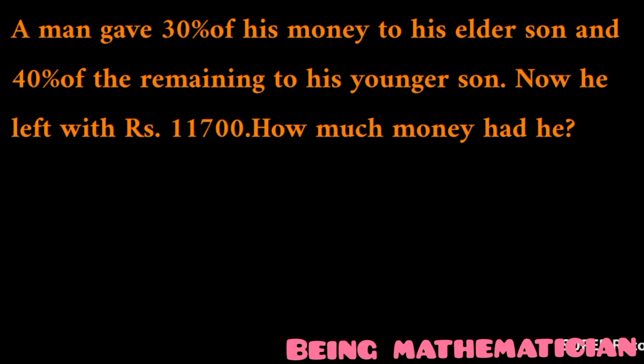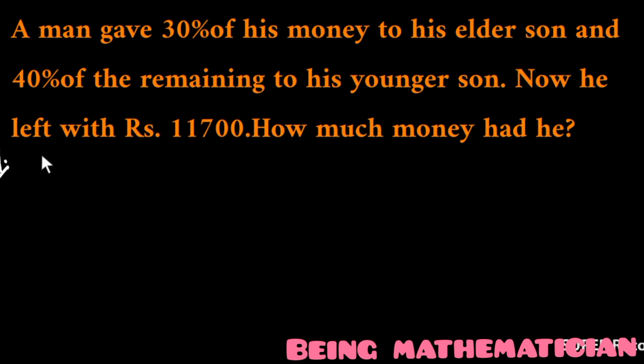Let's see our third application to discuss the next confusions of percentage. The problem is: a man gave 30% of his money to his elder son and 40% of the remaining to his younger son. Now he is left with rupees 11,700. How much money did he have? Now we start the solution.